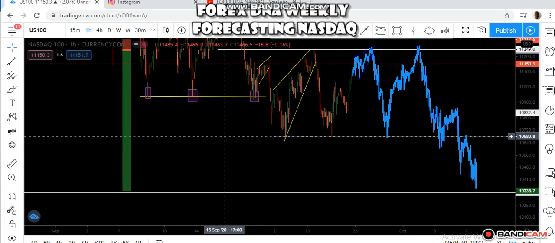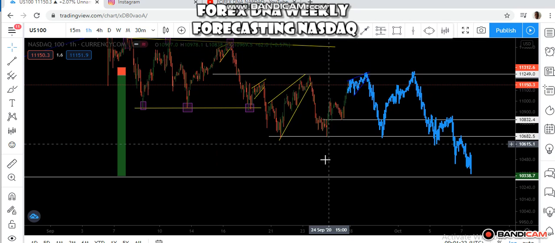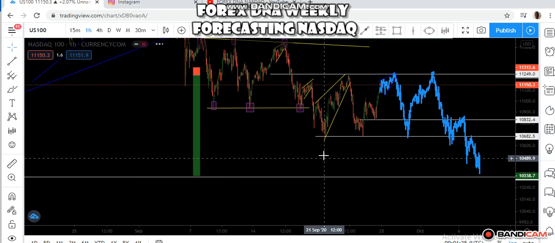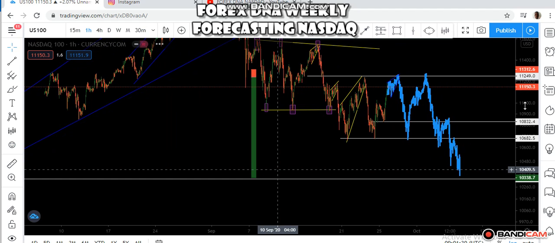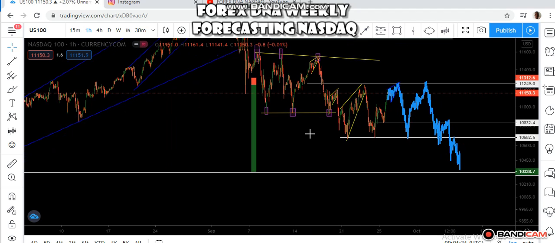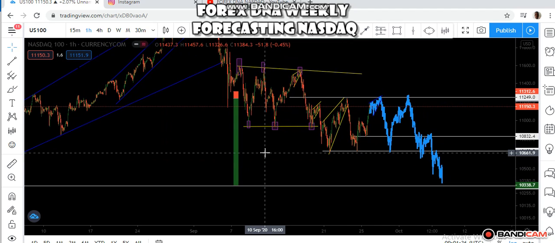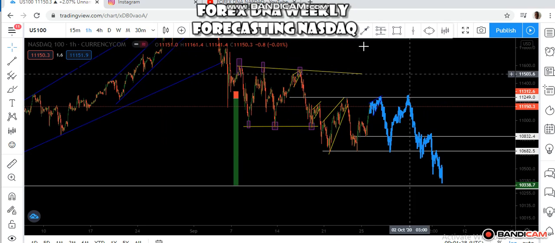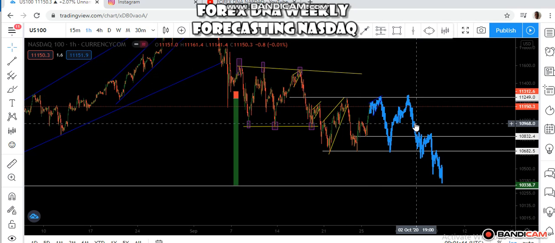Okay, guys. So when we check a buy again, let me zoom a little bit so that maybe it will be clear. If you can check something like this, we're also expecting that if it manages to break this point, it means we will target a buy.